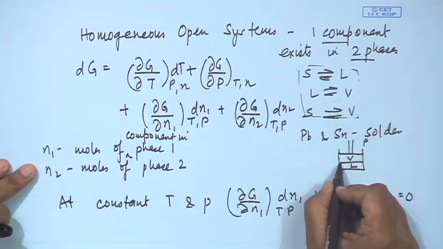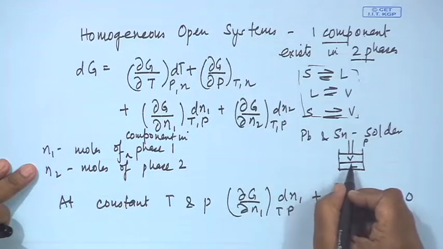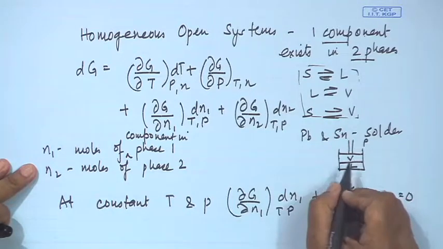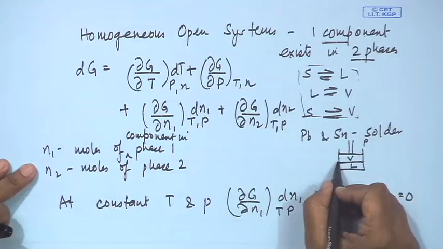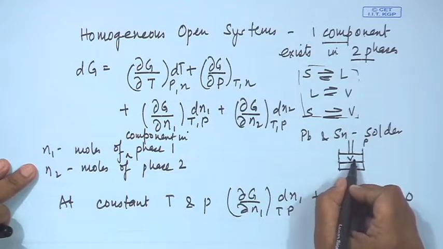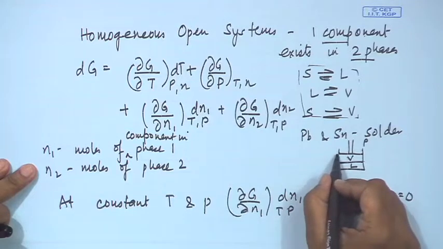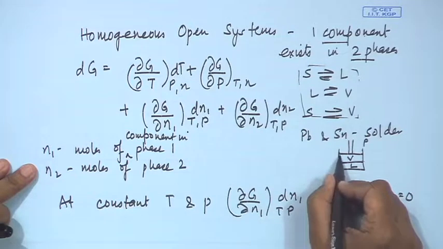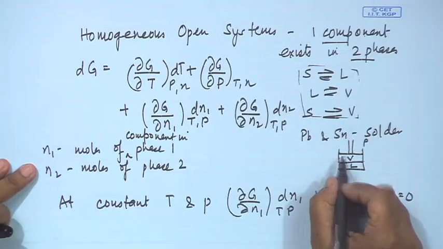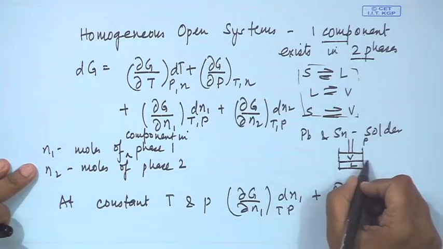Now, if we consider the liquid only to be a system, then it is an open system, because there is mass and energy interaction between the liquid and vapor phase. If we consider the vapor to be the system, then again it is an open system. But when we consider the liquid vapor combination to be a system, then it is a closed system. Now what do we have here?